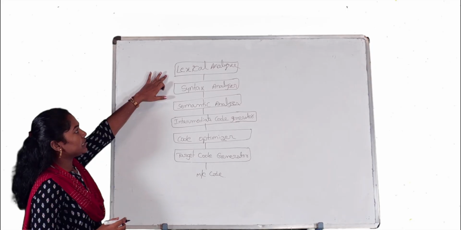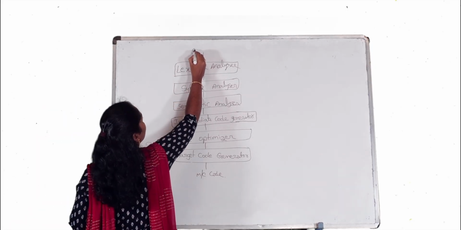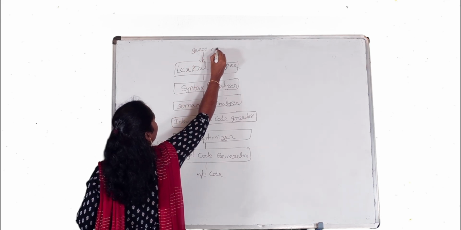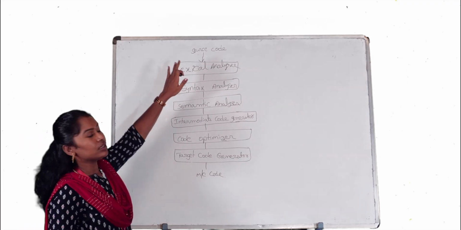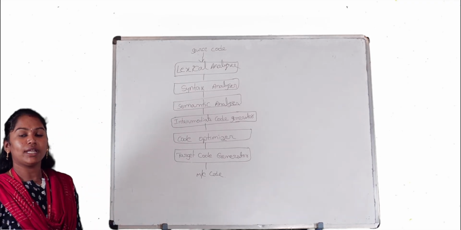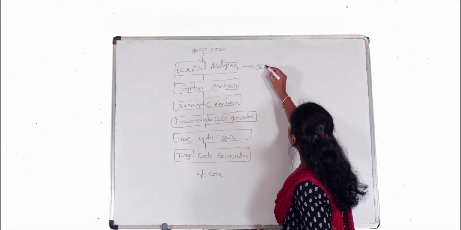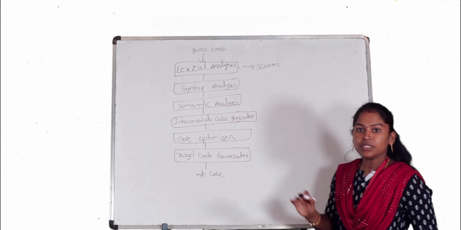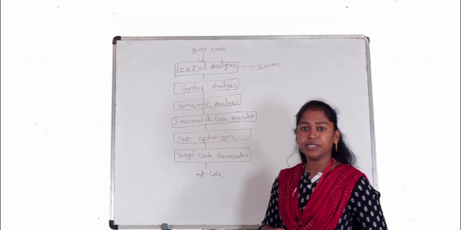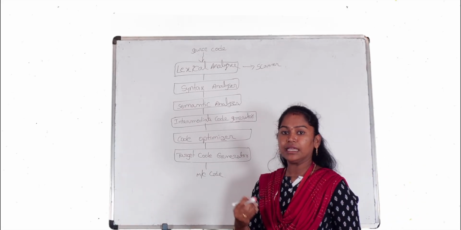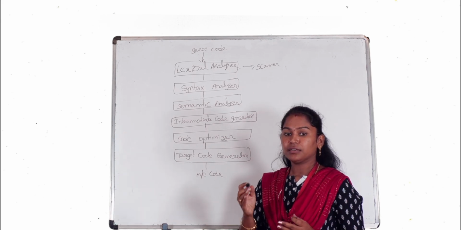So the first one is lexical analyzer. This lexical analyzer will take the input as source code and it will generate the output as tokens. This lexical analyzer is also called a scanner. Why do we call lexical analyzer a scanner? It takes the source program as input, and from this source program it will generate tokens.